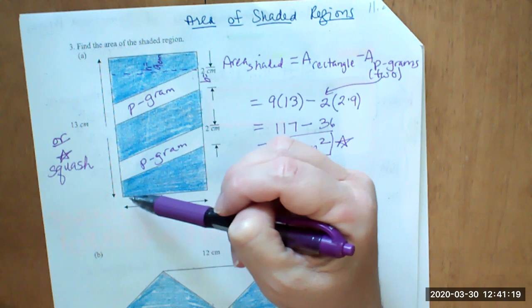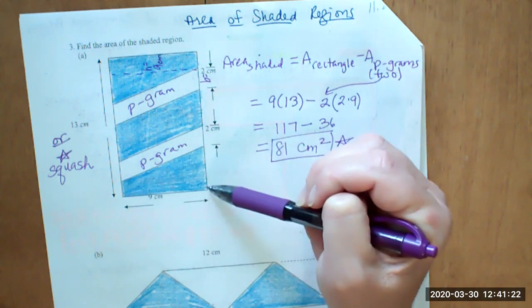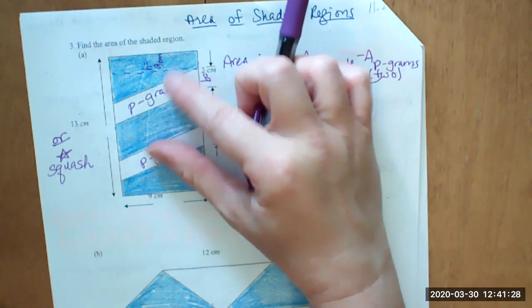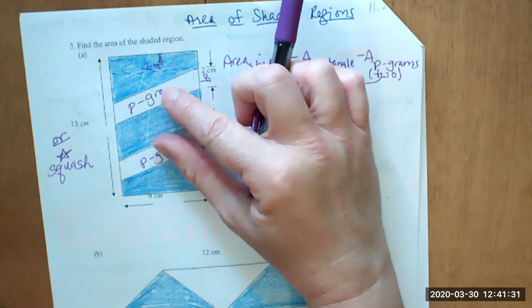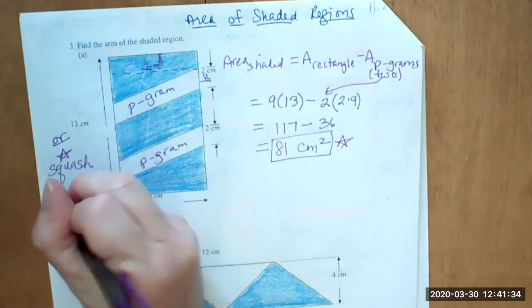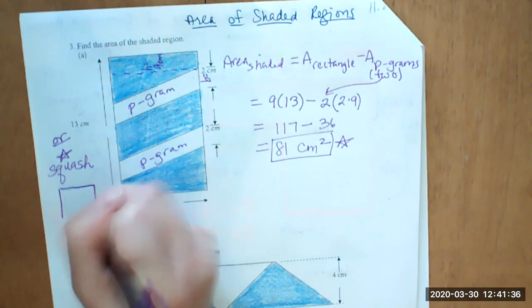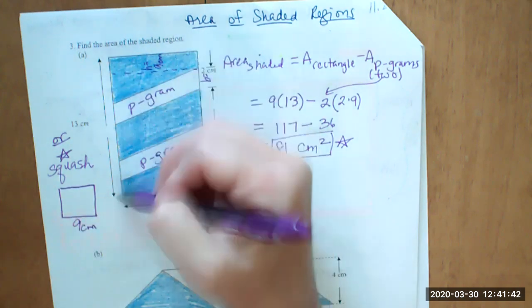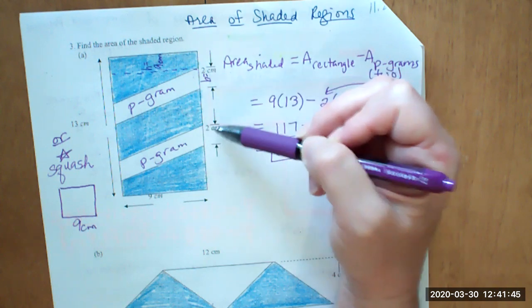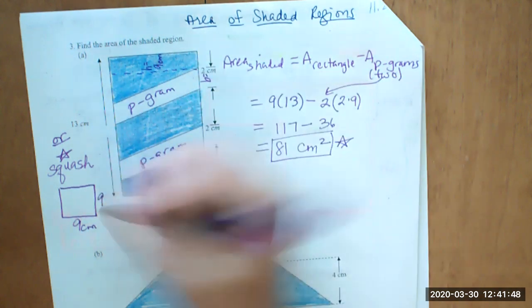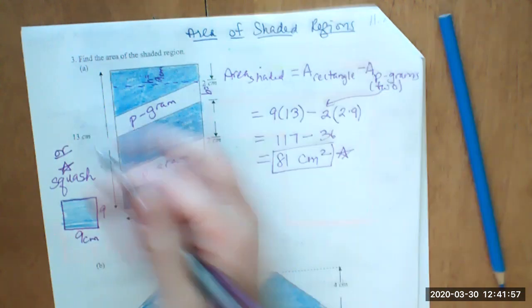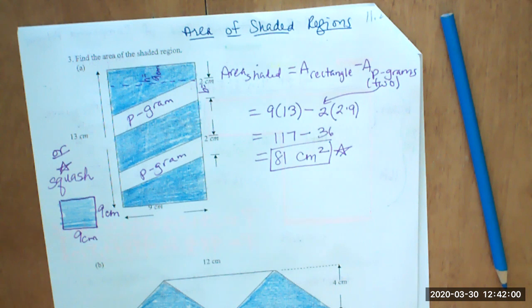I've got one side is still 9, but when I say squash it, basically make the parallelograms go away, what you're going to end up with is, look, I'll end up with a 9 centimeter by 9 centimeter square, because 13 minus 2 minus 2, 13 minus 4 gives me 9. So I end up with a 9 by 9 centimeter square. Okay. And of course, what's the area of that?